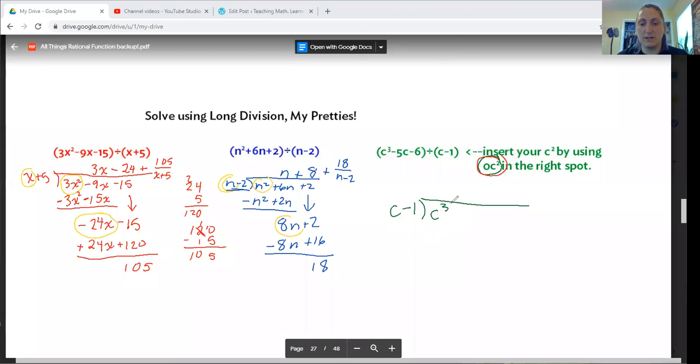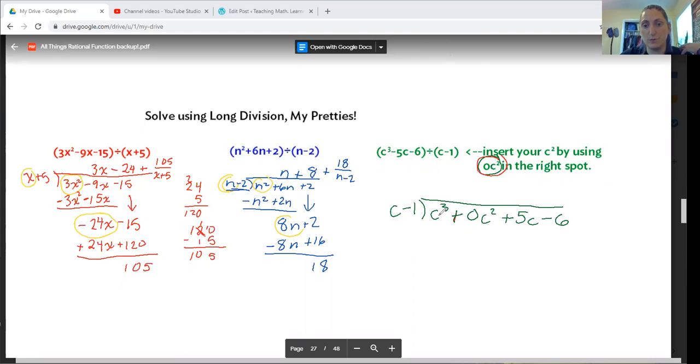Now, c cubed, let me actually do it in the right color here. C cubed plus, whoops, 0c squared. Now we can go down to the power of 1, 5c to the power of 1 minus 6. Okay, now it's going to work out.